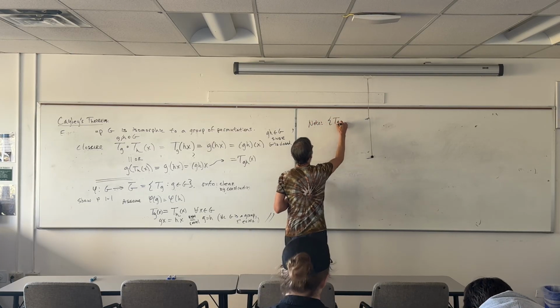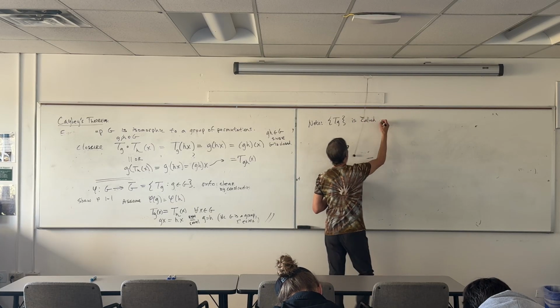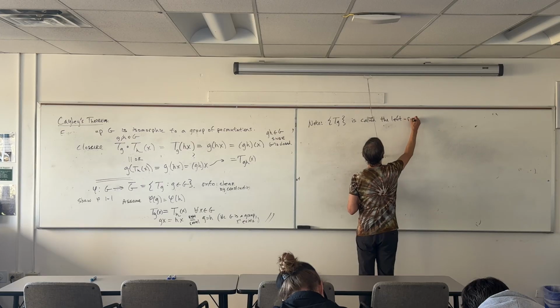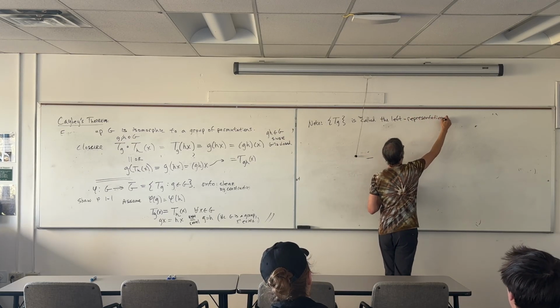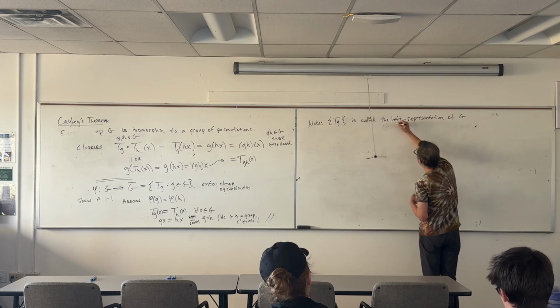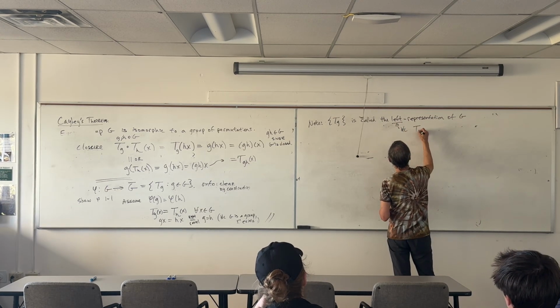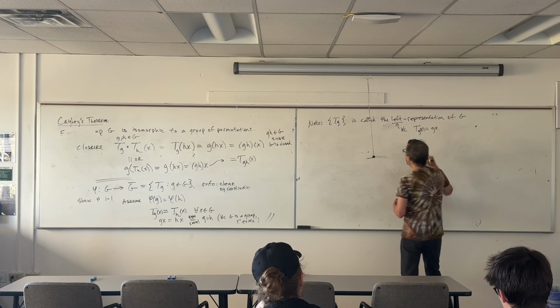This collection T sub G is called, the way we've done it, the left representation of G. And it's only left because our T sub G's are left multiplication. Is it the same as the left action group? Yeah, it is.